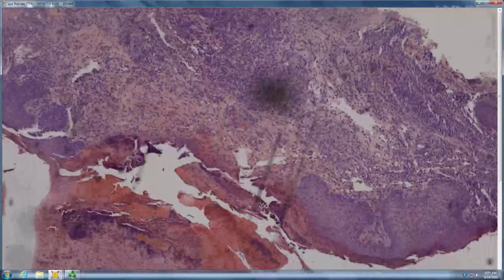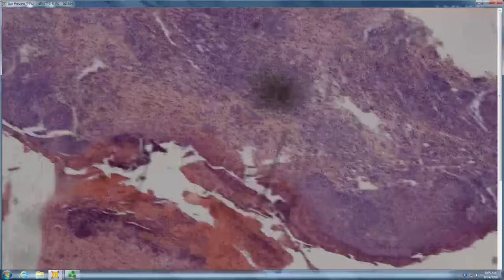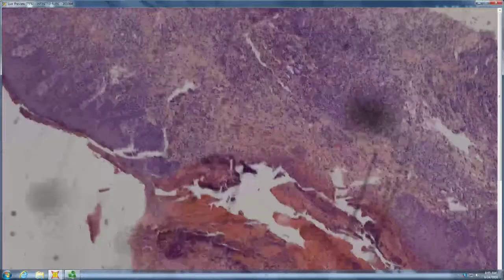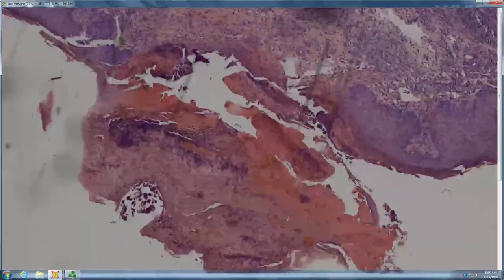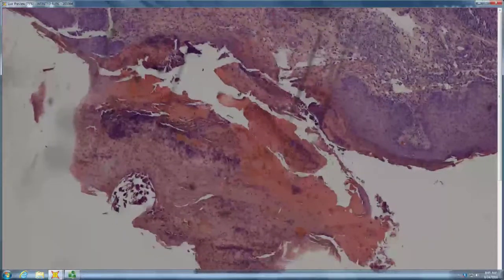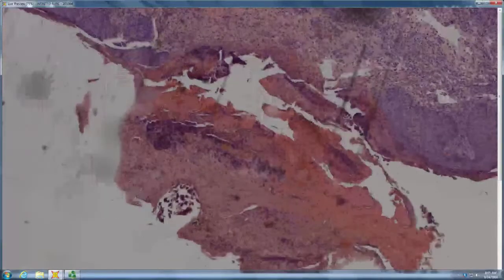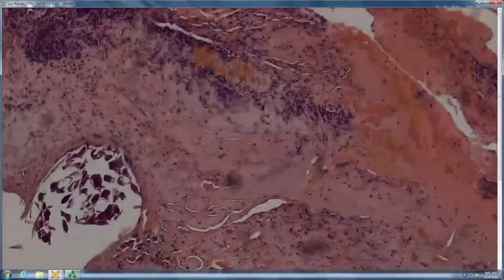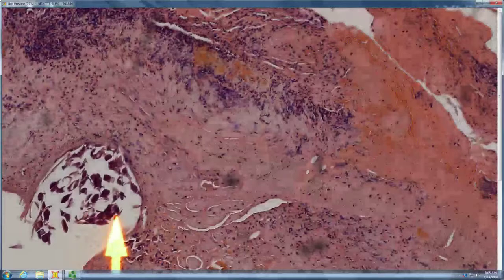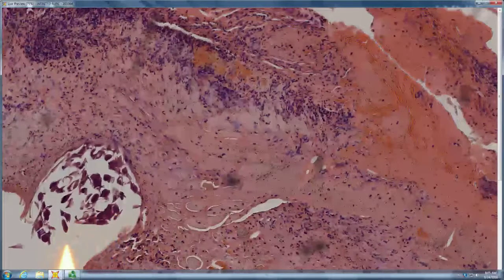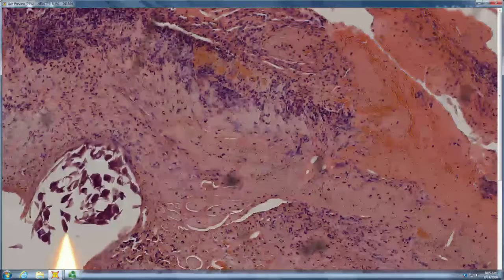Extensive lymphocyte infiltration. Yeah, highly inflamed. Ulcer. An ulcer. And what else is in there? Why is this thing so highly inflamed?